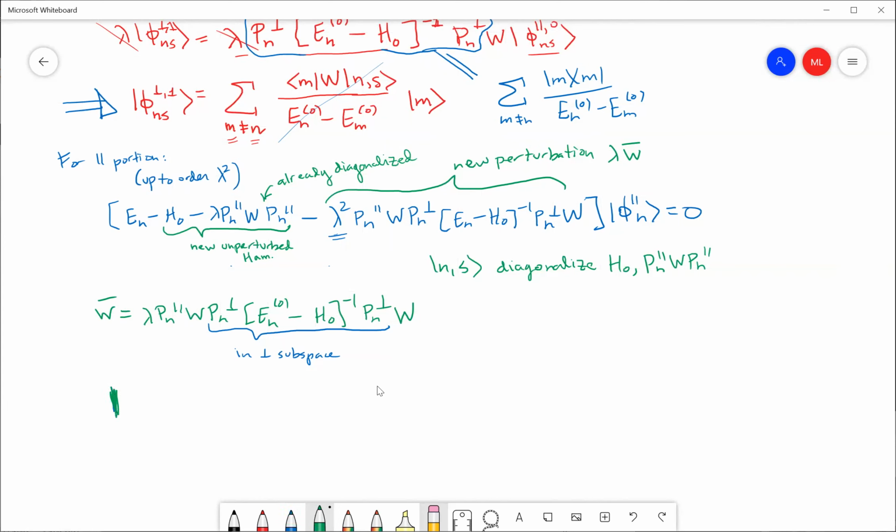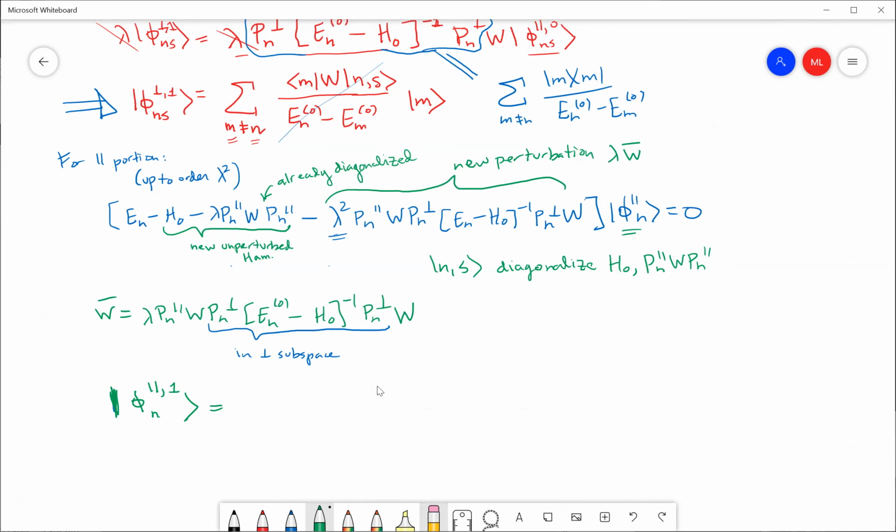And this new state correction is phi. And again, remember what we're calculating. We're calculating the first correction in the parallel subspace to these phi n states. That's what it is, these guys. And so that correction is, what do we get? We again get an operator here that's in the perpendicular subspace.